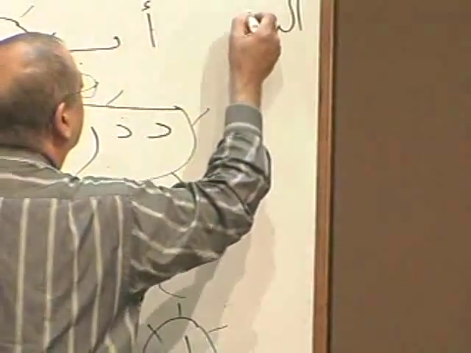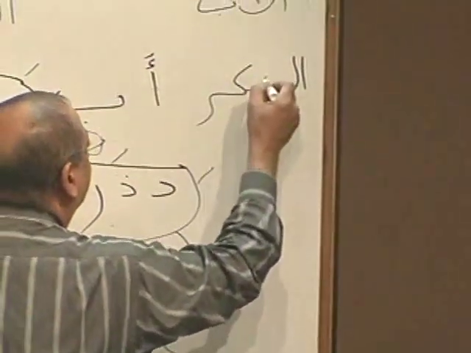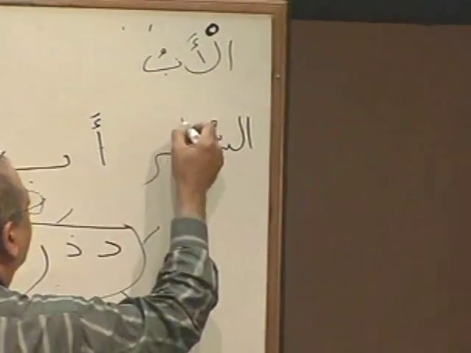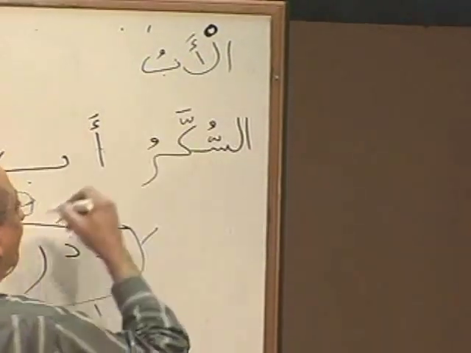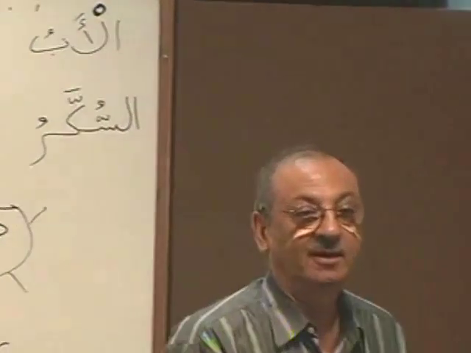How will you write it down, brothers and sisters? Make sure you put a shadda on kaf, otherwise you will not be pronouncing properly. Fine, brother and sister. Next one, al-waraqu.